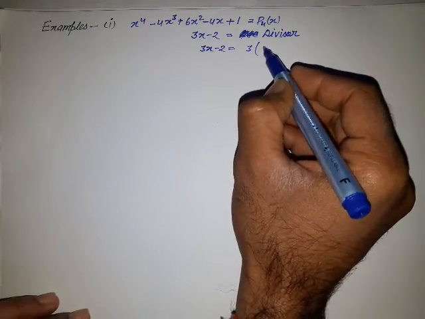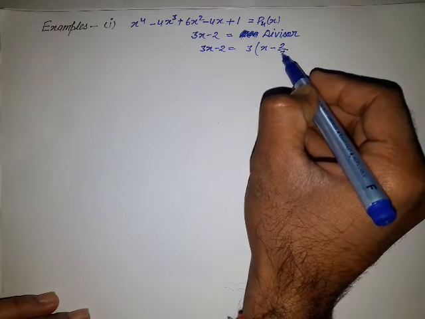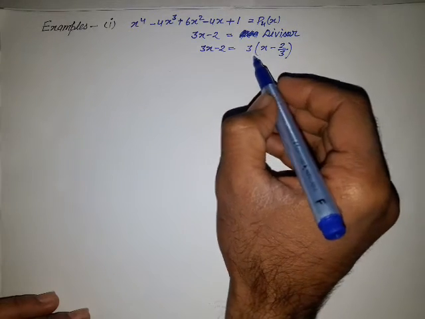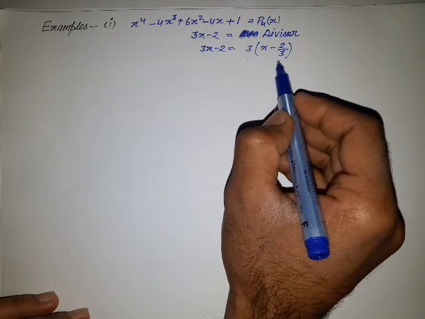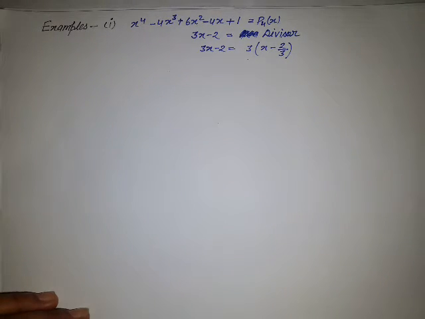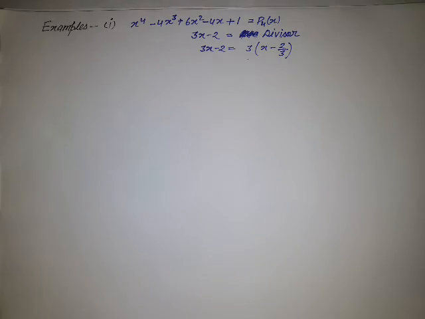We take 3 common, so we get 3 multiplied by x minus 2 by 3. Now x minus 2 by 3 is in our ideal form, and now we use Horner's scheme.